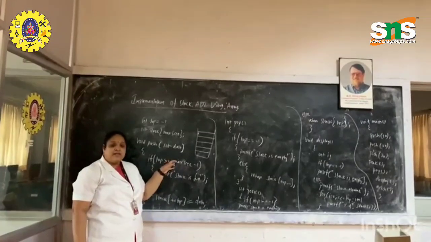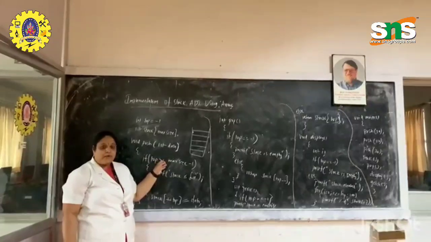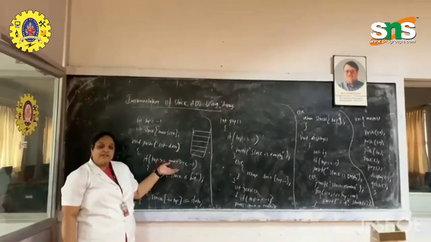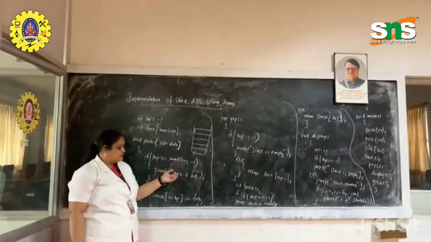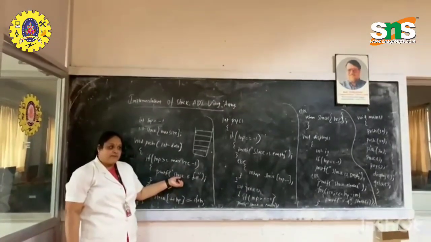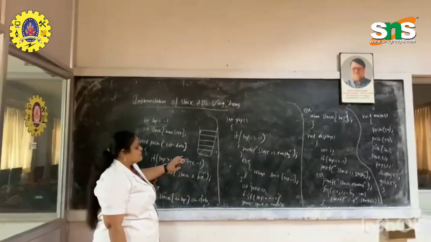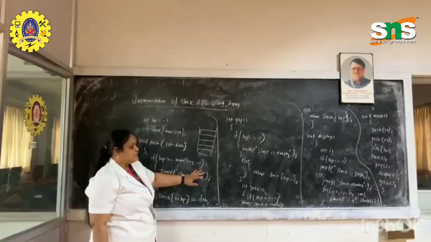If you take a stack, it has three operations: push, pop, and, if you want to find the top element, a function called peak, where we can find the topmost element present inside the stack. Let me start with the main function here.